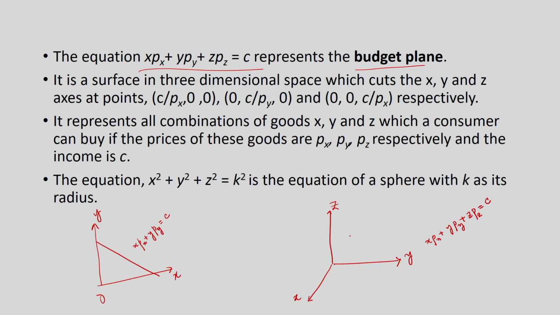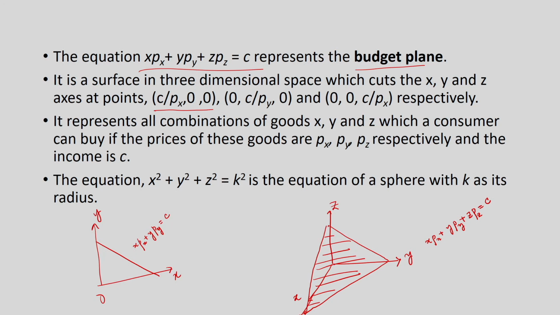Then geometrically, how do we represent this particular equation? Well, here it is not a straight line, it is basically a plane in 3 dimensions. So, this is the plane that we are talking about. It is a triangular plane which has some points of intersection with the 3 axes, and these are the points of intersection: C divided by p x, 0, 0.